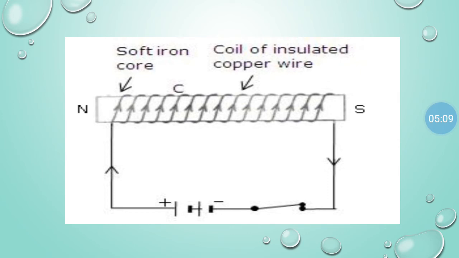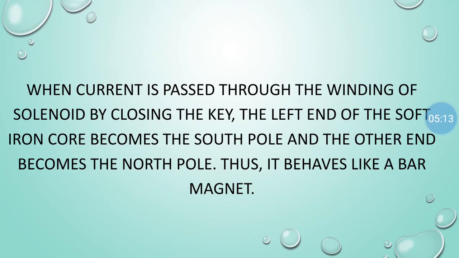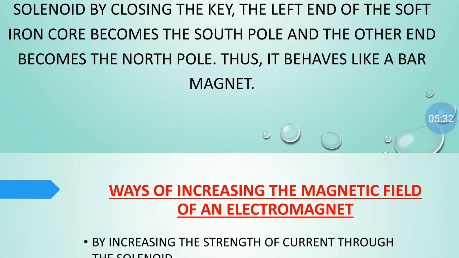Now when the soft iron core is placed inside the current carrying solenoid, one end of the soft iron core or bar behaves like a south pole and the other end behaves like a north pole. Thus, it behaves like a bar magnet.